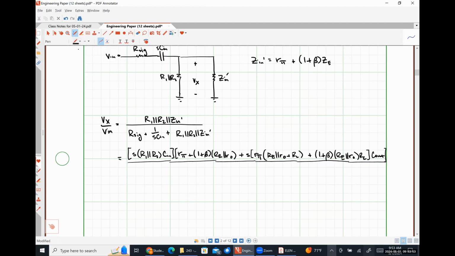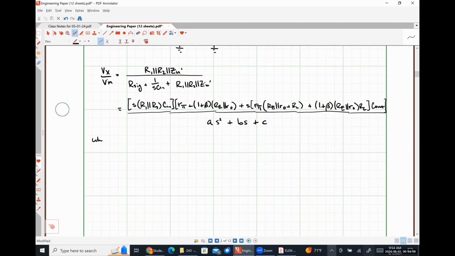And then our denominator is once again a second order polynomial, where A is equal to R1 in parallel with R2 times R pi times RE in parallel with R naught plus RL, plus 1 plus beta, RE in parallel with R naught times RL.